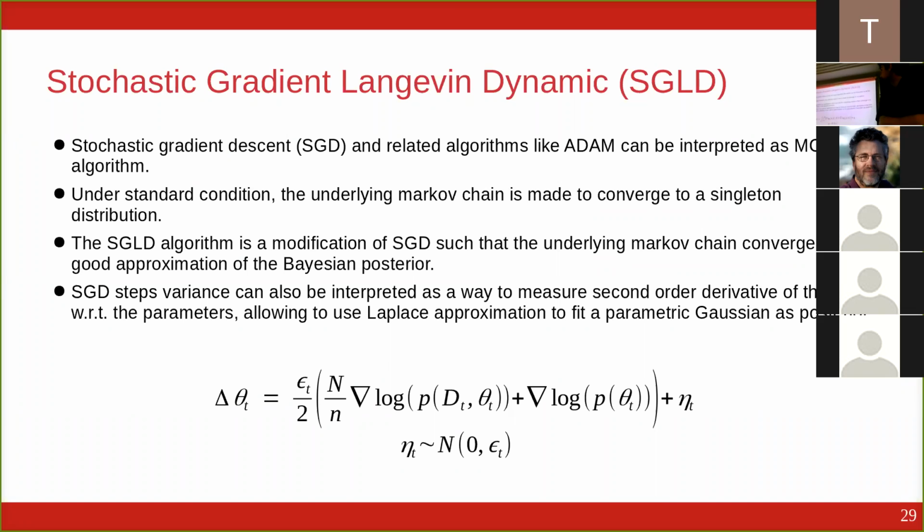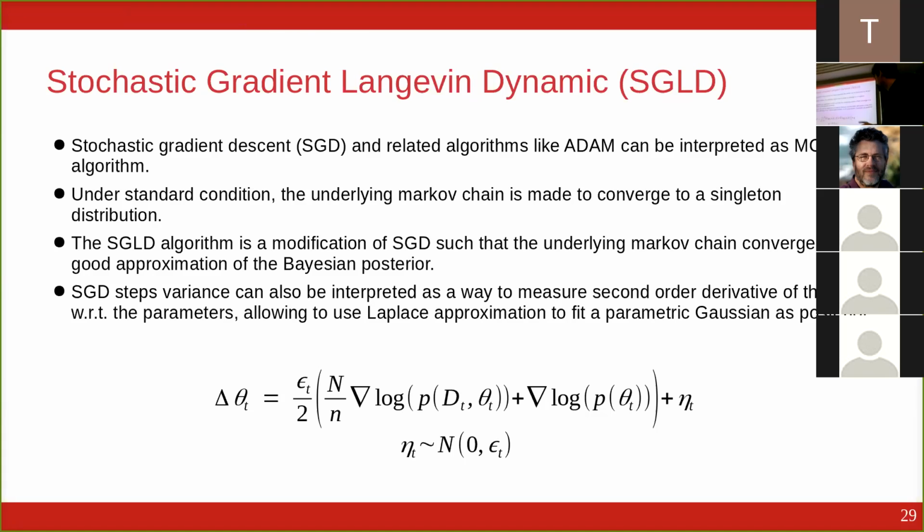The most well-known algorithm is SGLD, stochastic gradient Langevin dynamics, where the idea is to add just the proper amount of noise to make sure that instead of converging to a single point, stochastic gradient descent just bumps around in a way that is equivalent to a Markov chain Monte Carlo that samples the exact posterior.